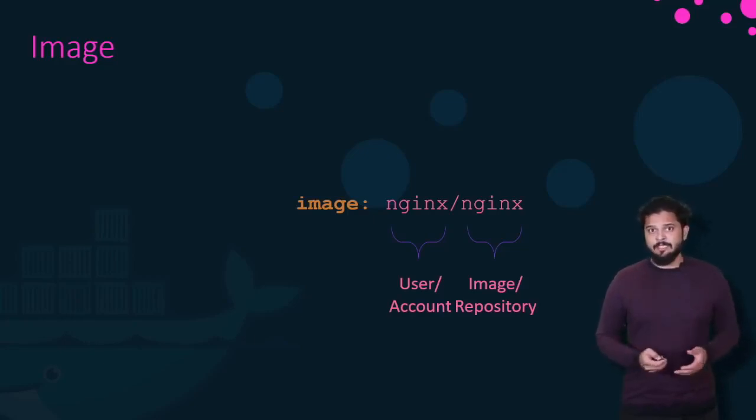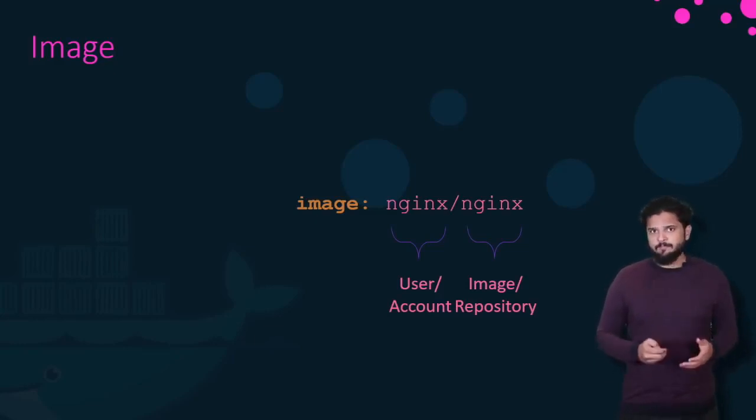The username is usually your Docker Hub account name, or if it is an organization, then it's the name of the organization. If you were to create your own account and create your own repositories or images under it, then you would use a similar pattern. Now, where are these images stored and pulled from?